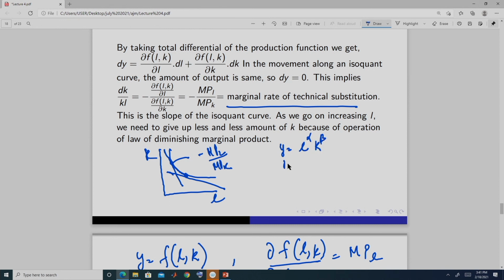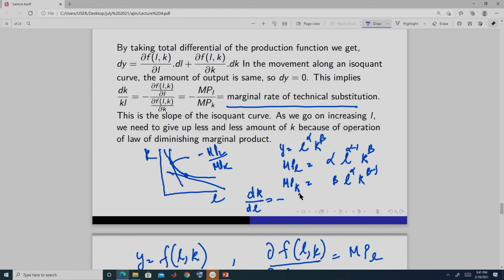So, here we know the marginal product of labor is this, the marginal product of capital is this, so the slope of this isoquant is the ratio of these two things.